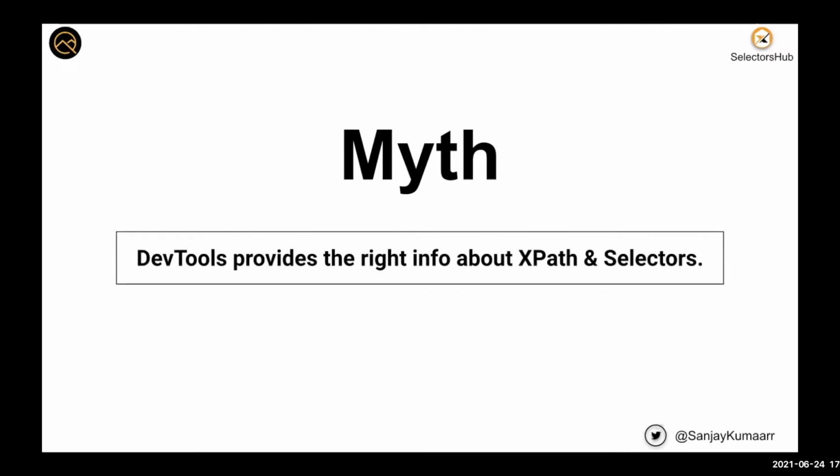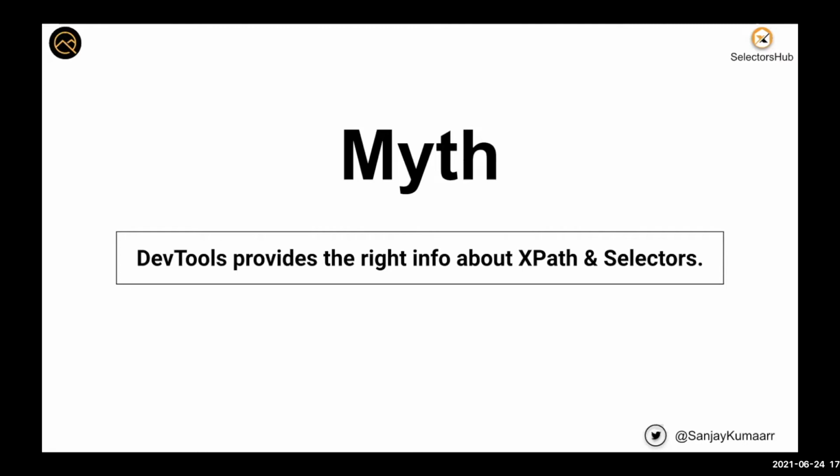We should not use a tool. In fact, when we are experts in writing these selectors and XPath, we used to say, no, no, no, I don't use a tool, I'm an expert. But the fact is, everybody is using a tool to write and verify XPath and CSS selector, which is the dev tools.